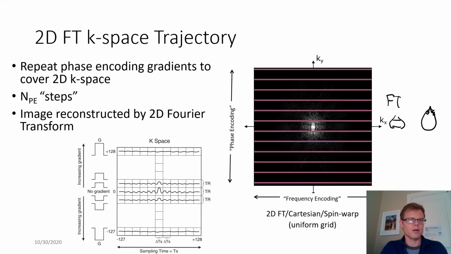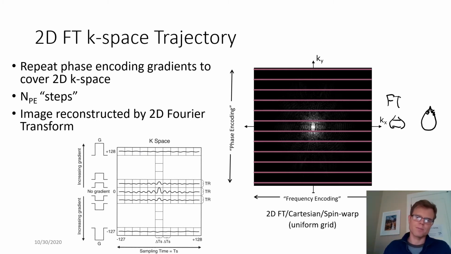So here's, going back to the example before, again, our full K-space trajectory of 2D-FT imaging, and now I've just drawn lines in purple where we're actually acquiring data, so not including what are called the pre-winders and rewinders that were going out and back to the edges of these lines.